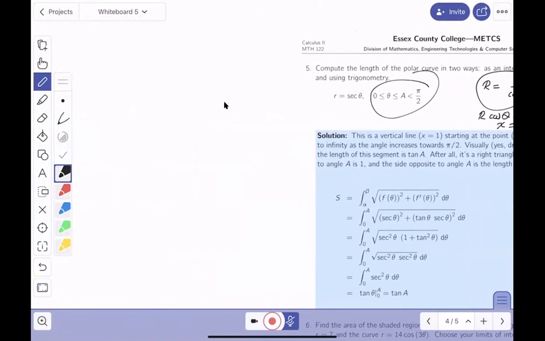Let's write this down. Again, I want to point out that a is less than pi over 2. What's the integration going to be? From 0 to a, this is going to be the root. It's going to be tough.